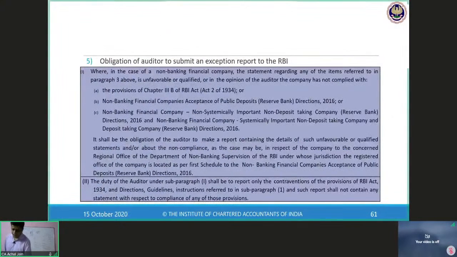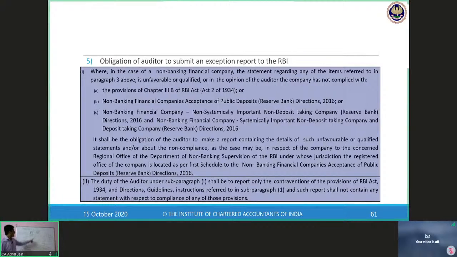Next one. Where in the case of NBFC, statement regarding any of the items referred to in para 3 above.